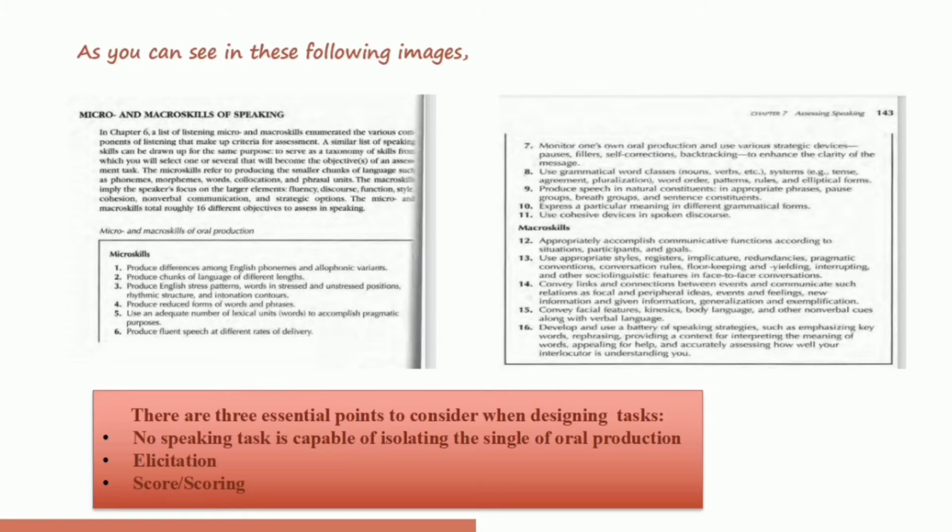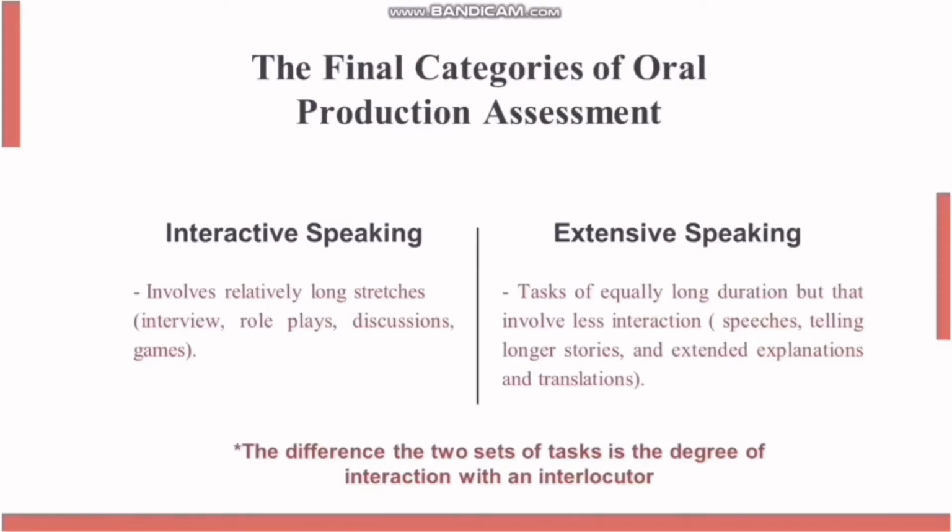So, make sure your elicitation prompt achieves its aims as closely as possible. And the third, scoring. It is important to carefully specify scoring procedures for a response so that ultimately you achieve as high a reliability index as possible.